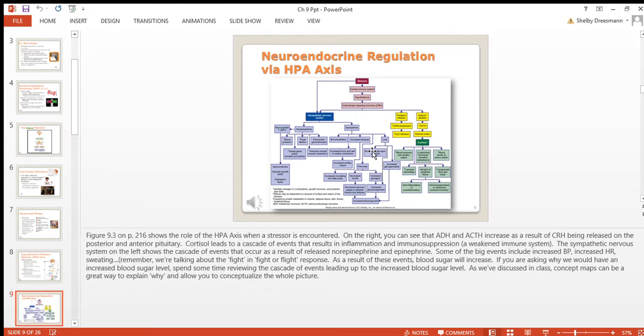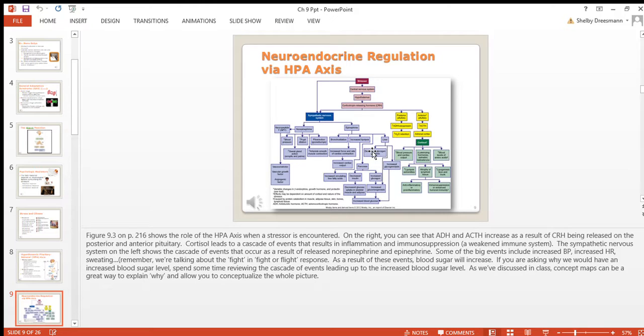Neuroendocrine regulation. On the right, you can see that antidiuretic hormone and adrenocorticotropic hormone increase as a result of corticotropin-releasing hormone being released on the posterior and anterior pituitary. Cortisol leads to a cascade of events that results in inflammation and immunosuppression.